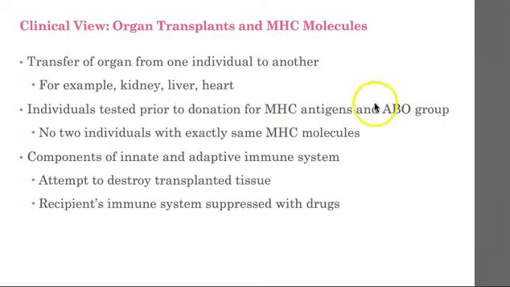And of course, we also want to match for blood type. Otherwise, our innate and adaptive immune systems will try to destroy that transplanted tissue, and the recipient's immune system will be suppressed with drugs so that we can try to prevent that from happening.